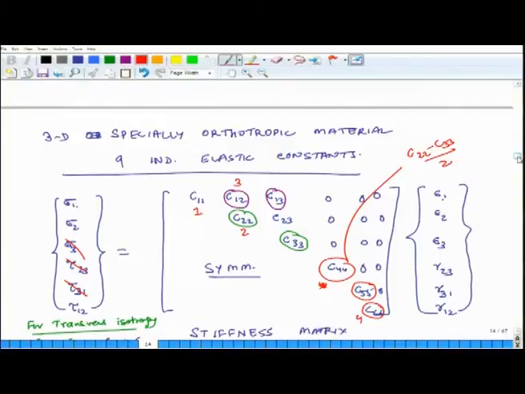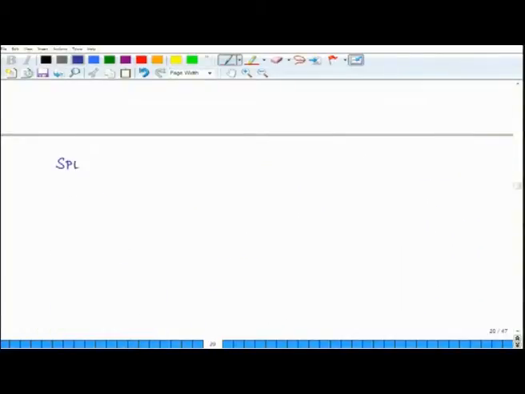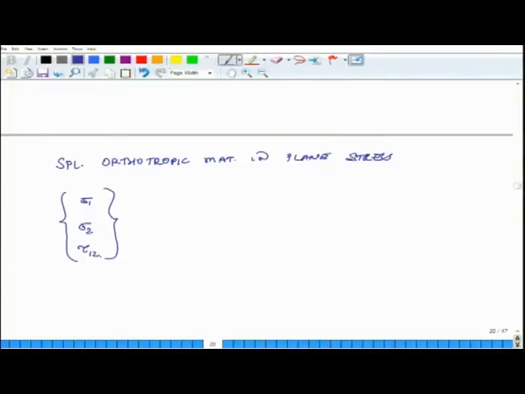So, the equations for special orthotropic material in plane stress, what are those equations? We have only 3 equations, sigma 1, sigma 2 and tau 12. And what are the 3 strains?